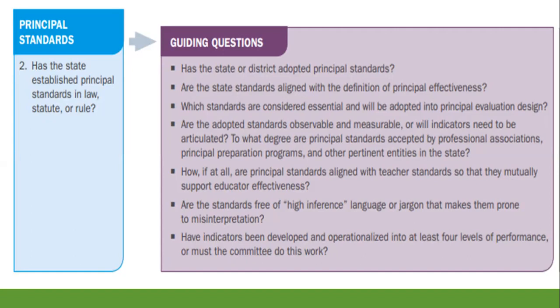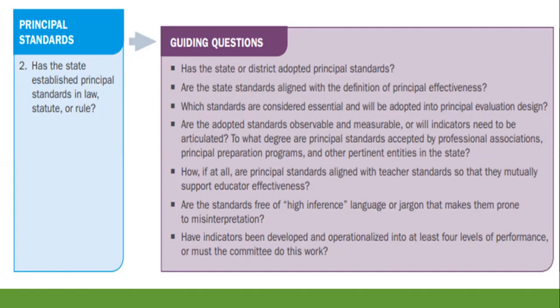So these six questions are: number one, has the state or district adopted principal standards? Are the state standards aligned with the definition of principal effectiveness? Which standards are considered essential and will be adopted into principal evaluation design?